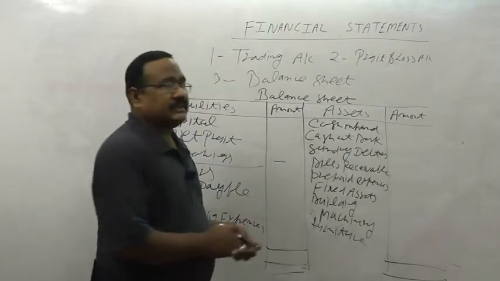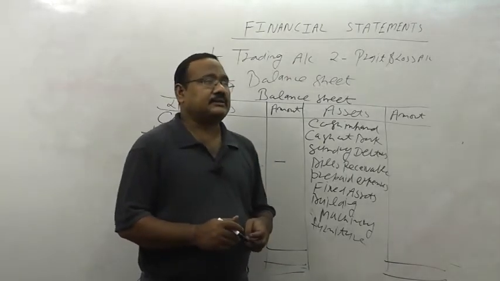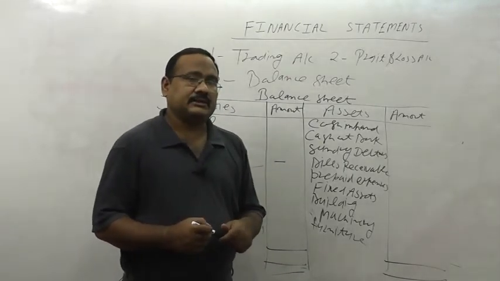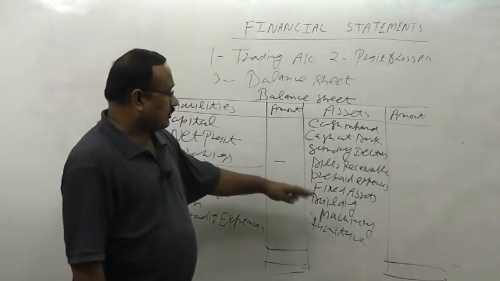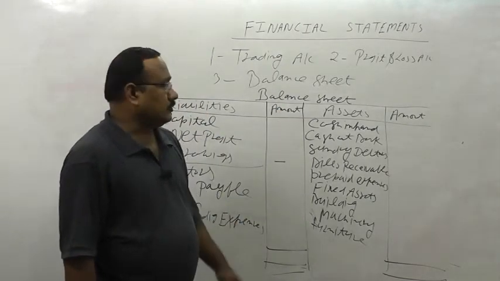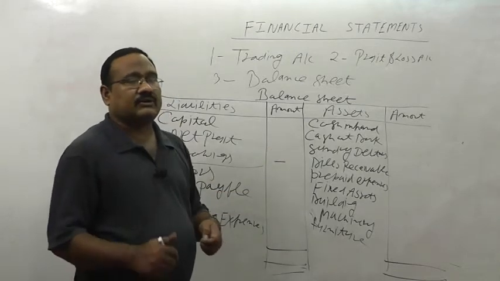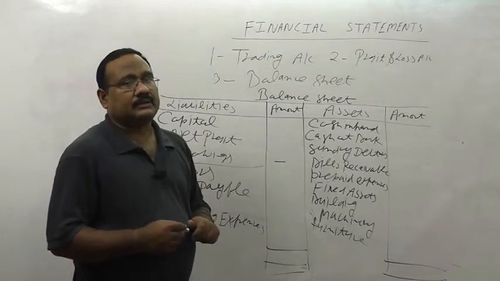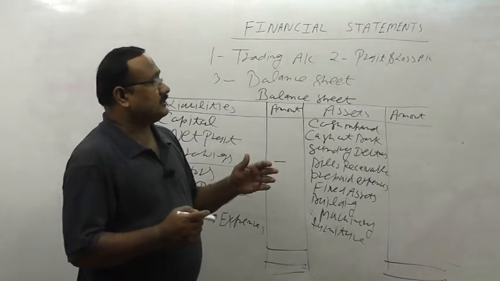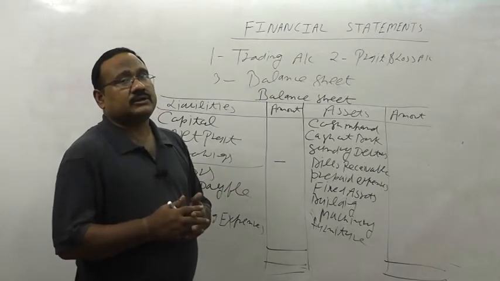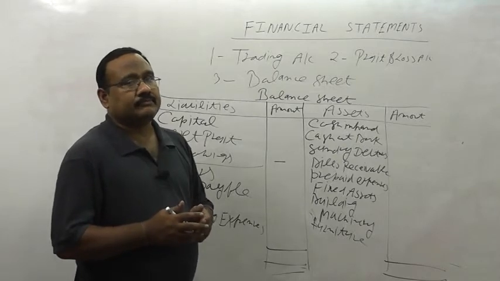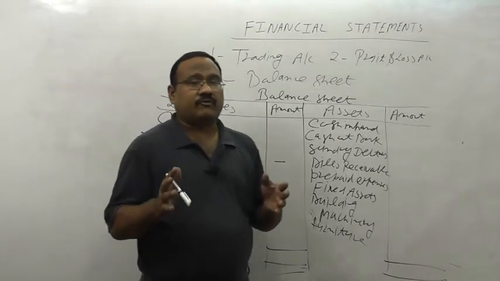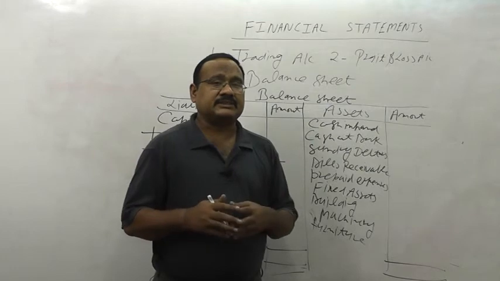If both the sides match, it is assumed that our question is correct and the balance sheet shows the financial position of the business, which shows that always assets are equal to liabilities and capital. By this way, we prepare all the three statements of sole proprietorship and partnership, because now the format of the company's balance sheet has been changed.